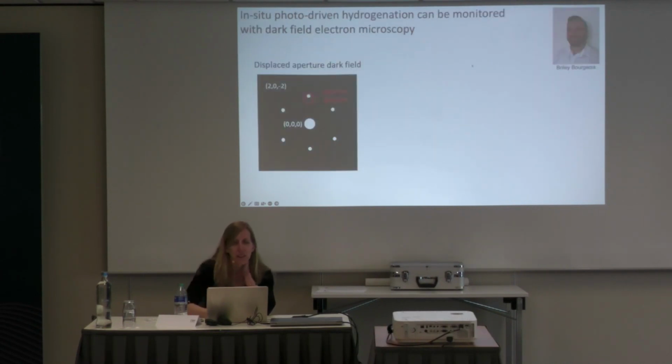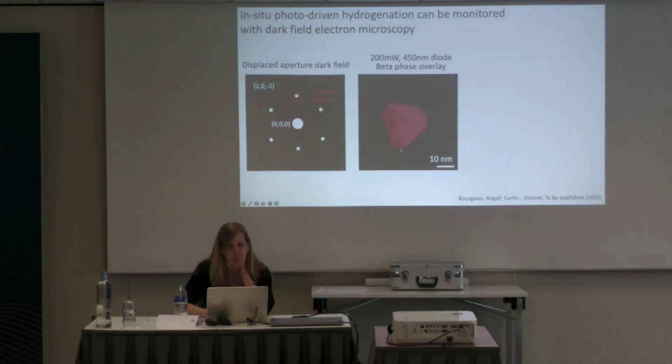And then we can monitor how hydrogenation is occurring by looking in the diffraction plane. We put our objective aperture over one of the peaks, and then that peak is going to leave our objective aperture when there's a lattice contraction that gives rise to an expansion in the diffraction plane.